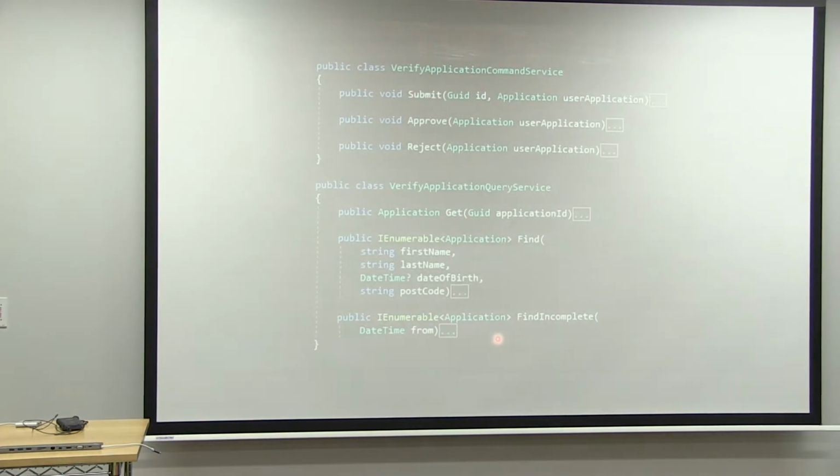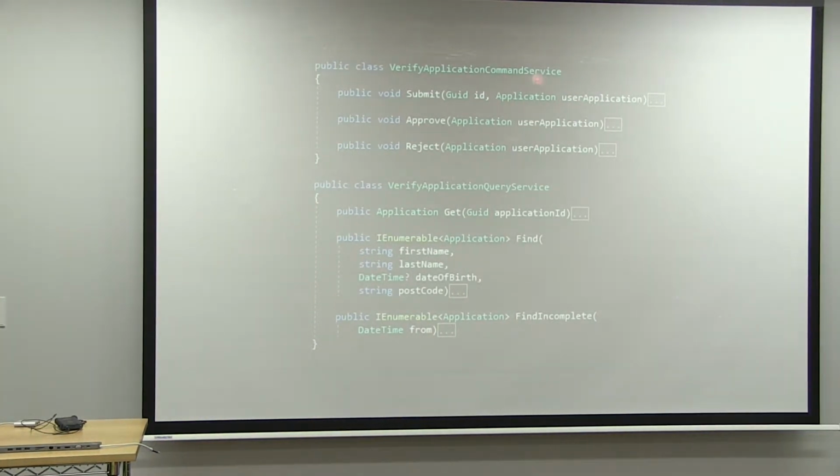So all of what I might now describe as commands, because they are written in a way that describes the change that's going to be made to the system, are hosted in one class, and all of the functions that we can use for reading are hosted in a second class. And that's quite simply the CQRS pattern. Functions that change the system, and functions or methods that return data without making an effect on the state of the system.